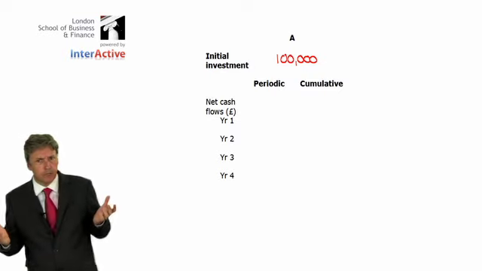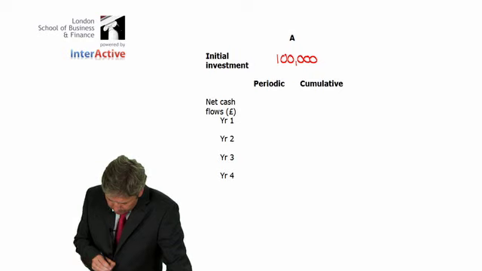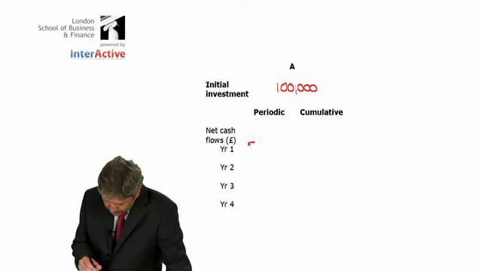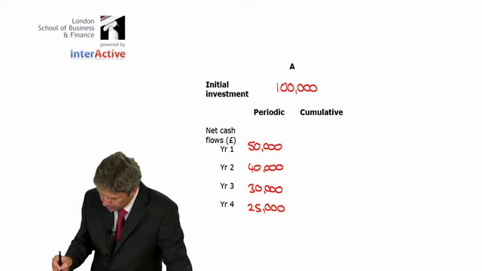I'm sure you don't need it, of course. But we said that the net cash inflows were, if you just want to look back, 50, 40, 30, 25. So what have we got here? 50,000, 40,000, 30,000, and 25,000.